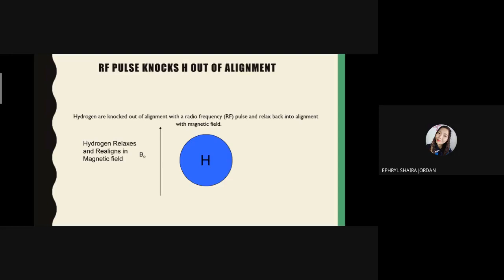So, yan ang nangyayari. However, remember that hydrogen does not simply pivot back into alignment, but it precesses. So, effect kayo ang hydrogen proton, nagaikot-ikot yun na siya, hindi lang yan siya steady.